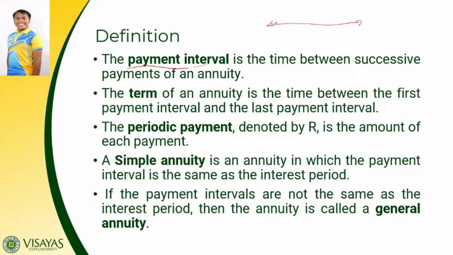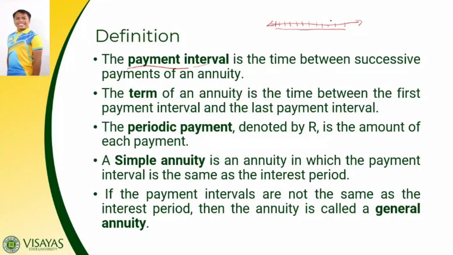Let's say for example, this line signifies your whole year payment, and then your policy states that you are going to pay monthly. So you're going to pay 12 equal intervals or periods here. So 1, 2, 3, 4, 5, 6, 7, 8, 9, 10, 11, 12. So that is like your schedule of payment for the whole year.